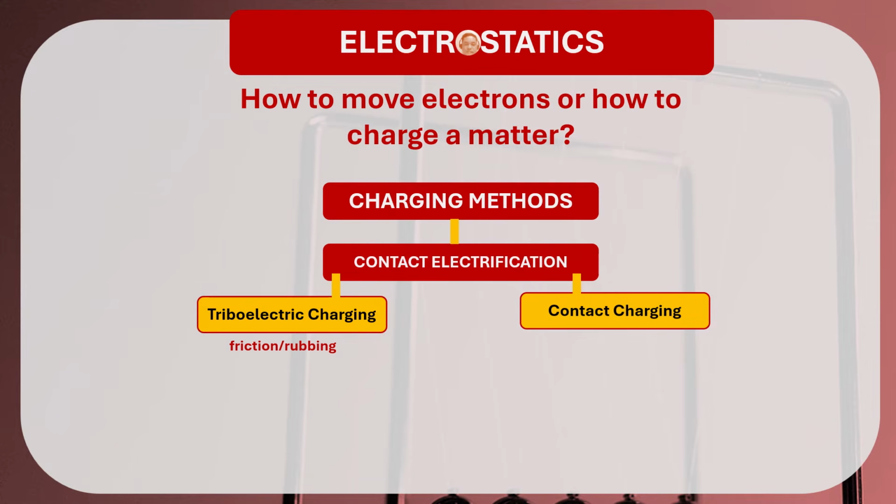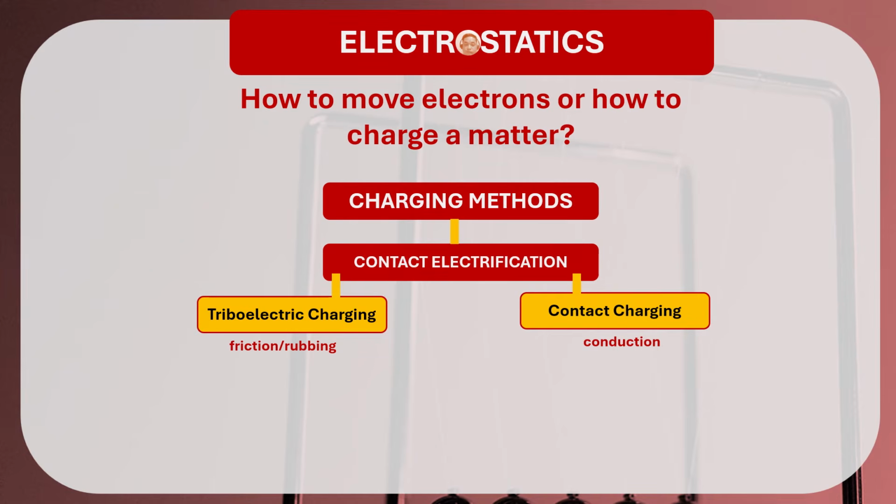Triboelectric charging is just another way to say charging by friction or charging by rubbing. Okay, when you will be encountering the word triboelectric charging, don't be afraid of the word. That's just friction. You rub things, and then after that, from neutral, it becomes charged materials. The contact charging, that's charging by conduction.